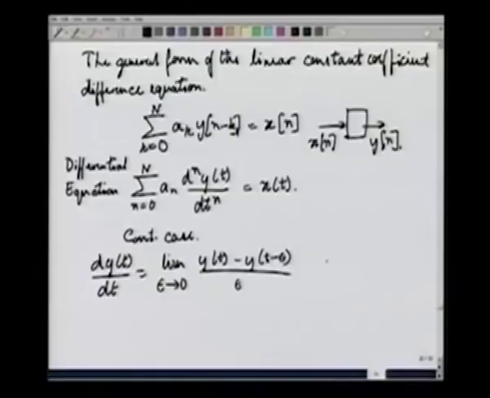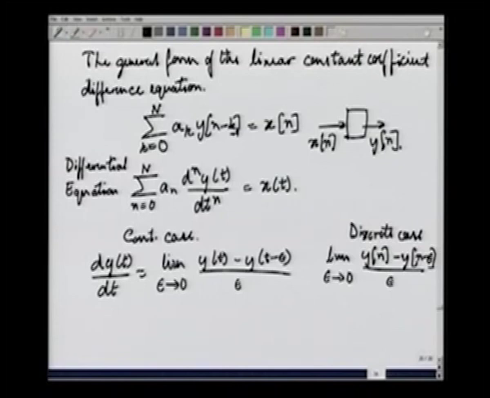There we would say, limit as epsilon tends to 0, this is the discrete case, of y n minus y n minus epsilon divided by epsilon. But in the discrete case, time, which is represented by epsilon, can either be 0 or 1 or 2 or minus 1 or minus 2. We cannot have fractional values of time, time is discrete.